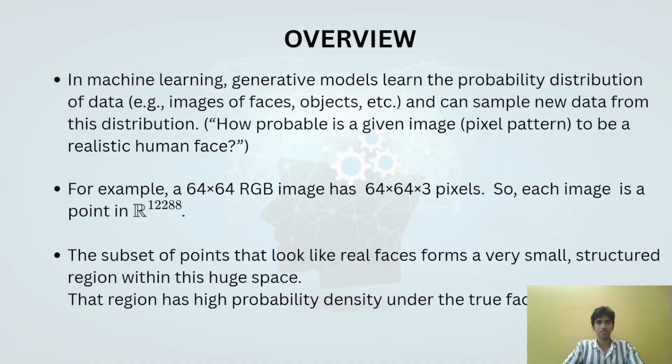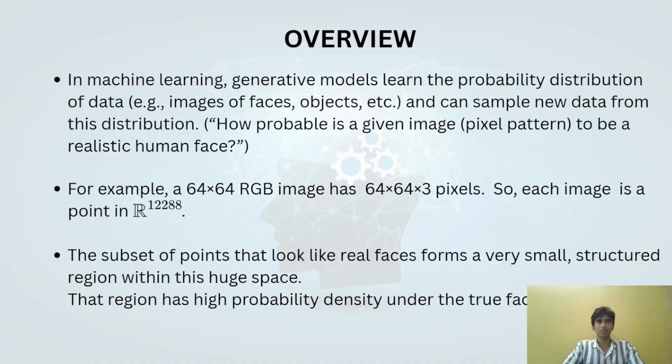Each image, for example a 64 by 64 RGB image, would have 12,288 values. So each image is nothing but a point in a high dimensional space, R^12288, which means there will be a distribution for a class of images in this high dimensional space.